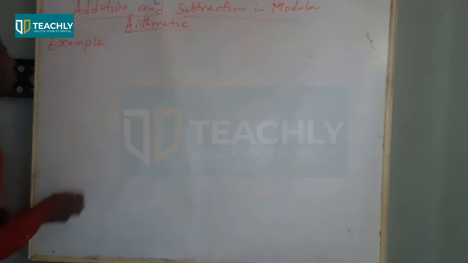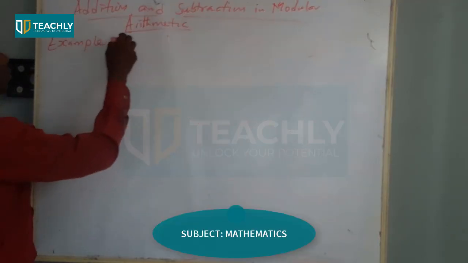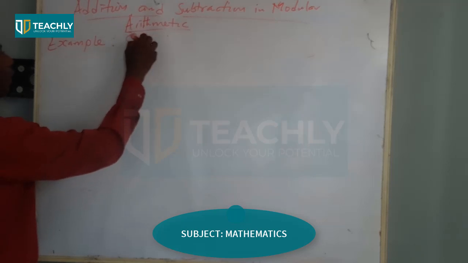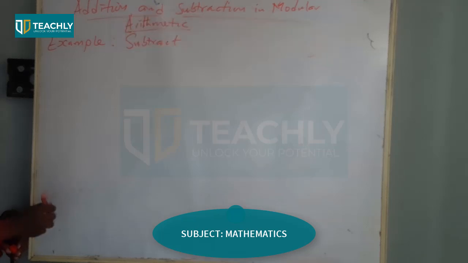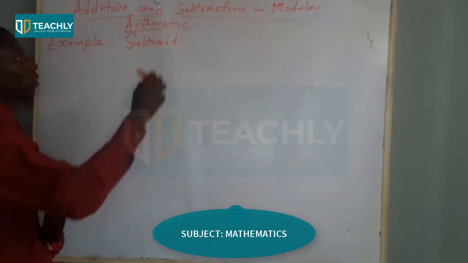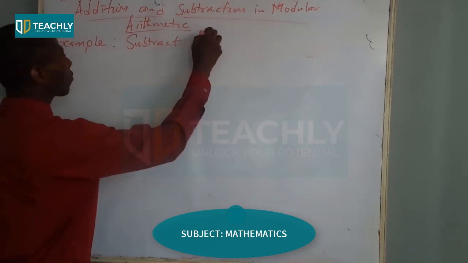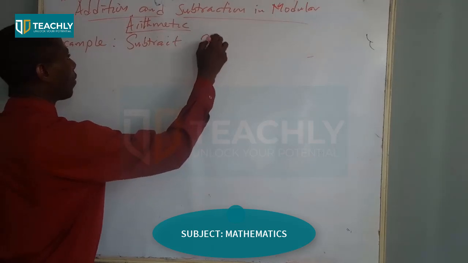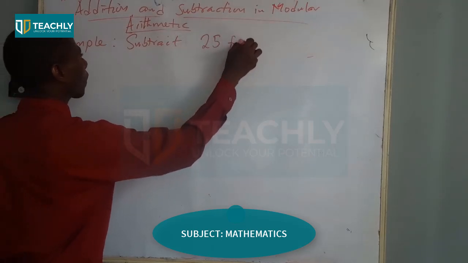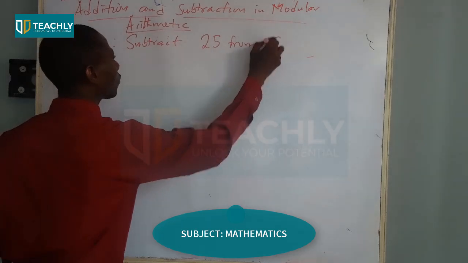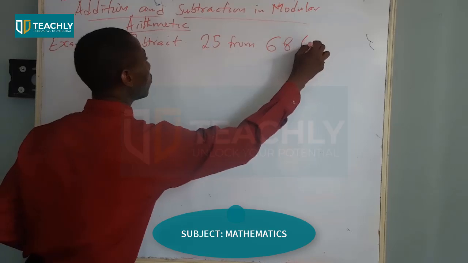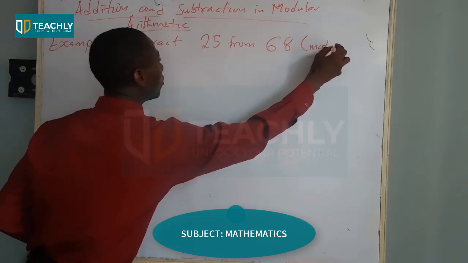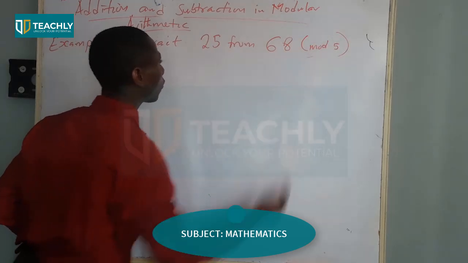Example 3. It can be: subtract 25 from 68, all in modulo 5. Let's operate with modulo 5.